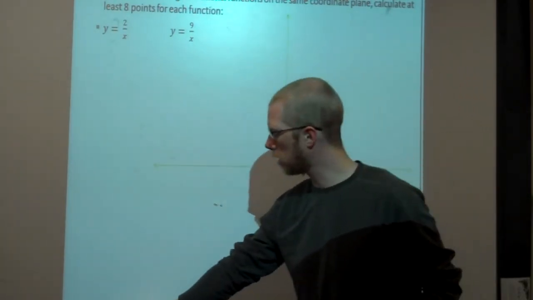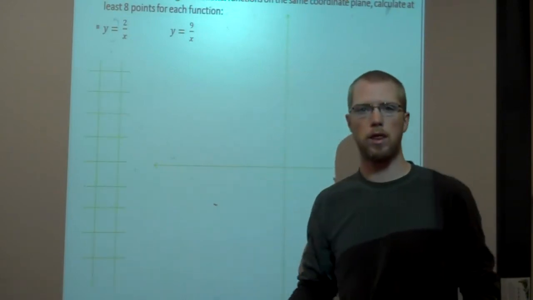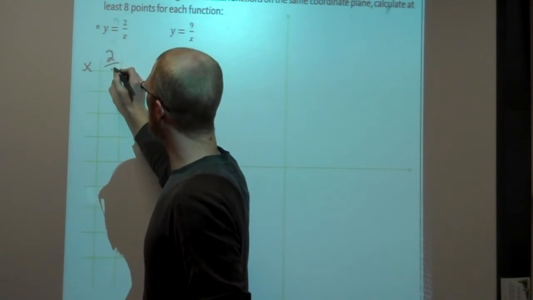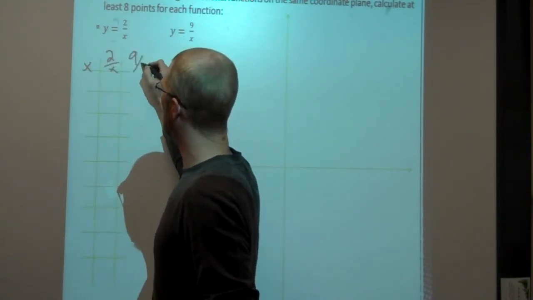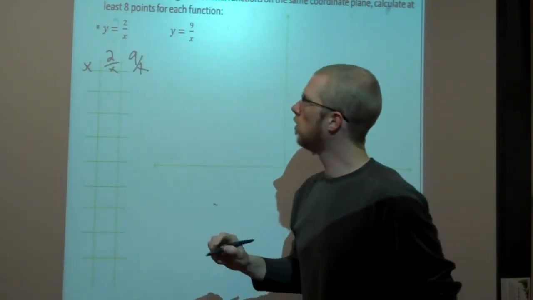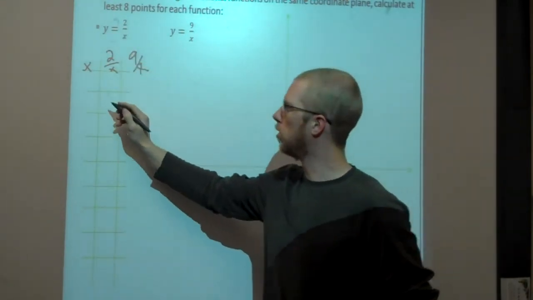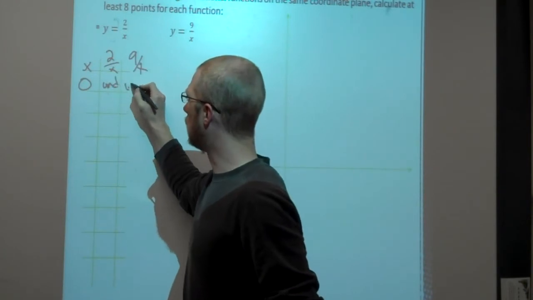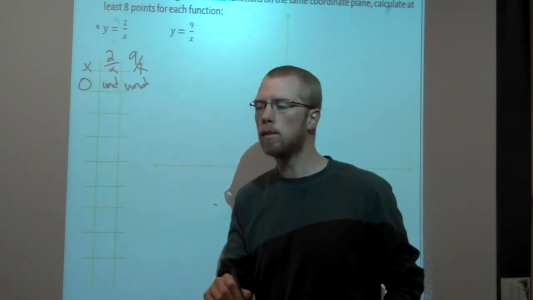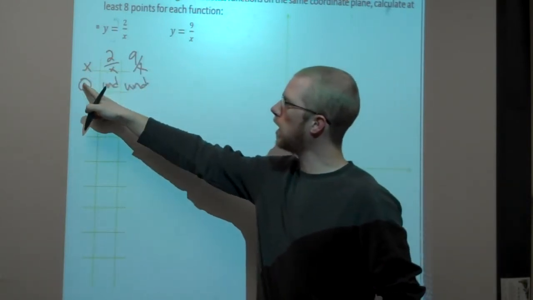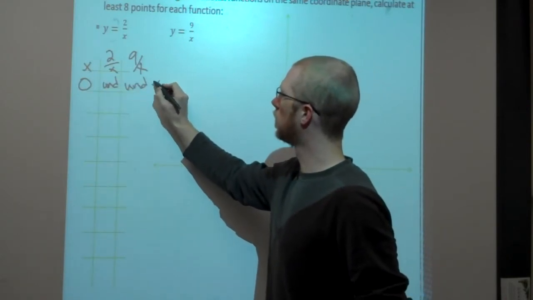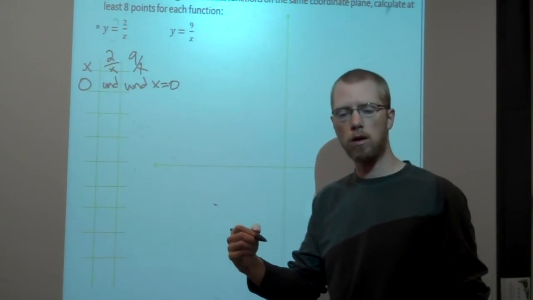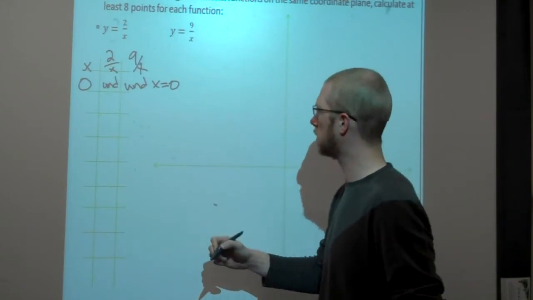And as I look at this, I want to come up with 8 different points. I'm going to call this my x, and this 2 over x, and this 9 over x. Well, the only number I know I can't put in really is 0. That's going to make both of these undefined. What that means is when x equals 0, remember our denominator equaling 0 will form a vertical asymptote.